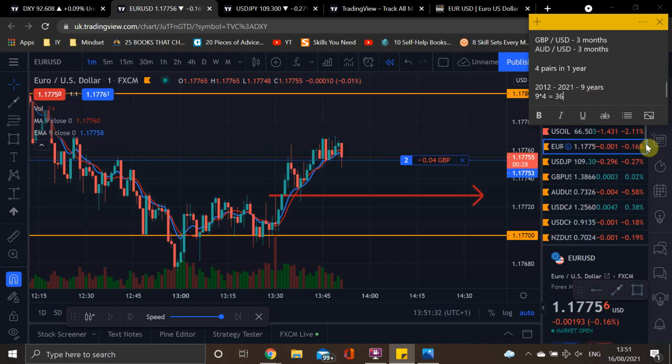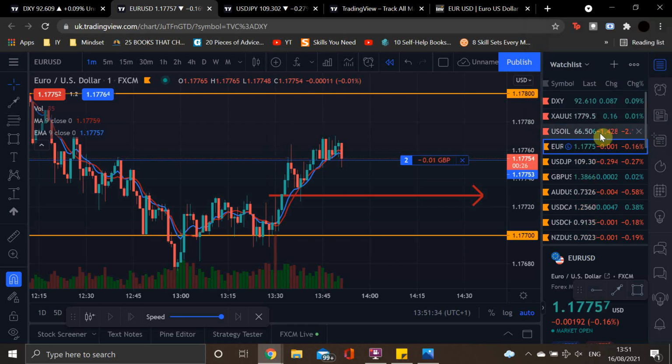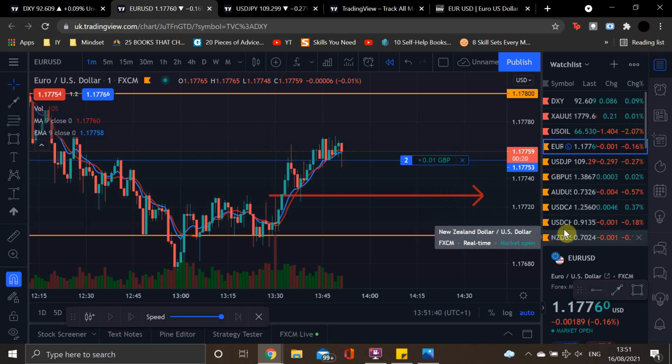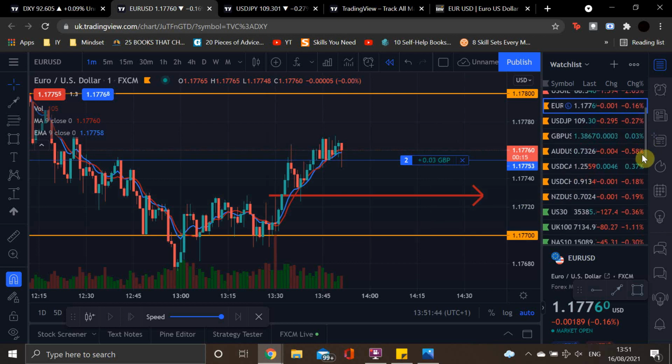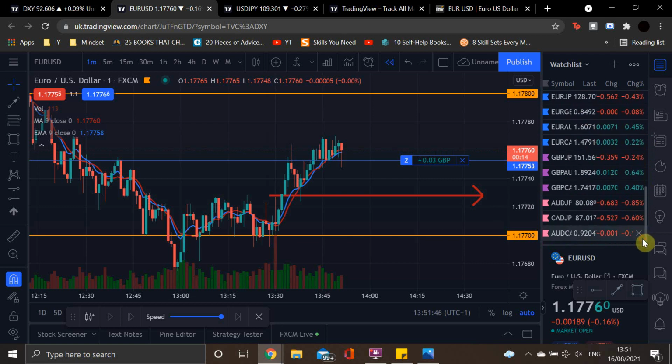How many pairs do I actually want to start trading? Okay, let's count them. We've got 1 gold, 2, 3, 4, 5, 6, 7, 8, I'm going to count the pairs only, 9, 10, 11, 12, 13, 14, 15, 16, 17, 18.